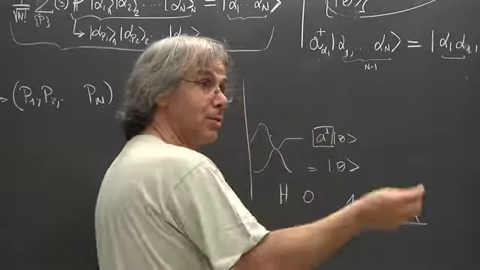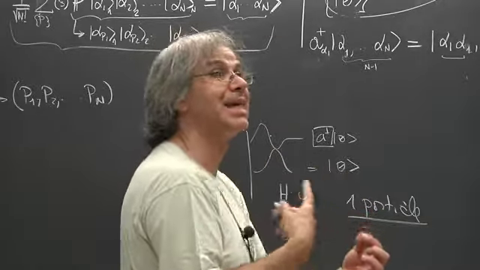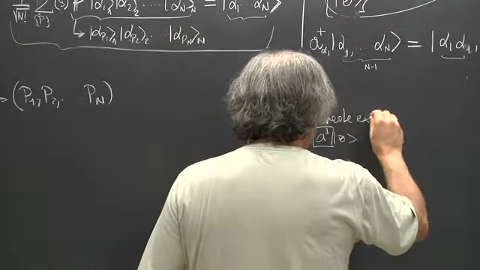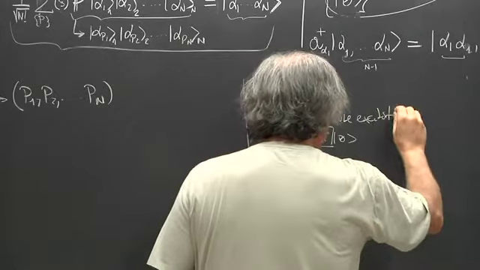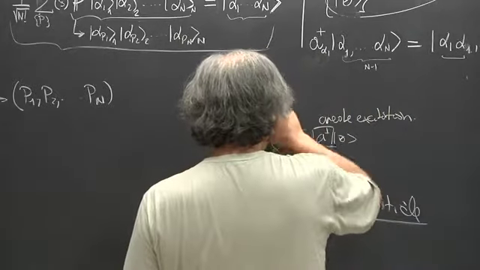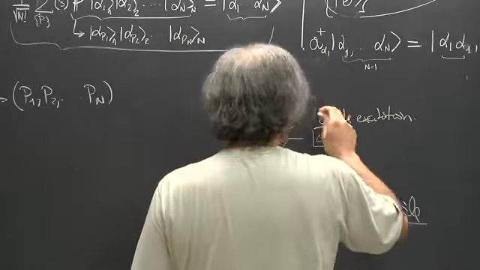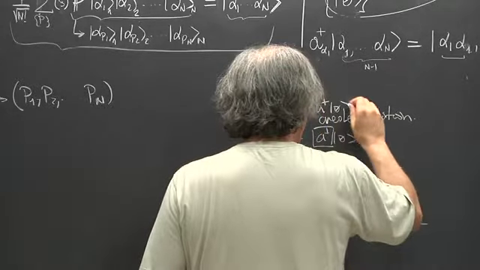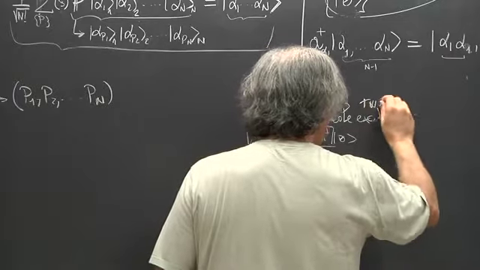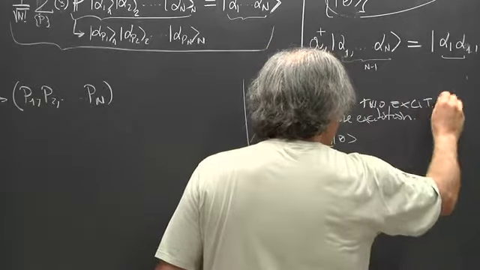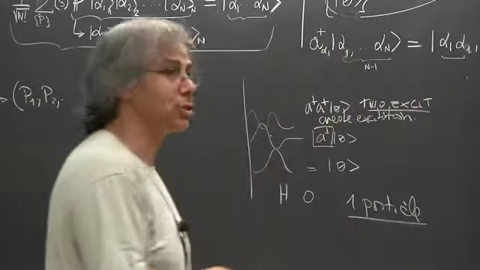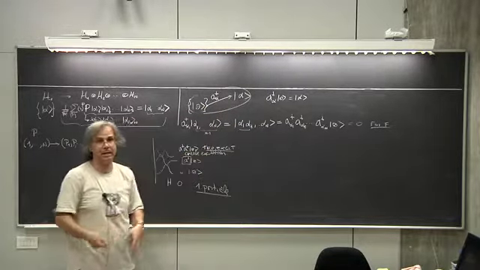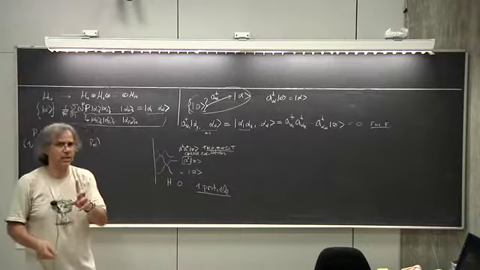There is only one particle which is vibrating, but it's an excitation. Then the second excited state: I have another excitation, so A dagger twice on 0. I have two excitations. In some sense, the excitations here play the role that the actual particles play here. I don't know if this is clear.